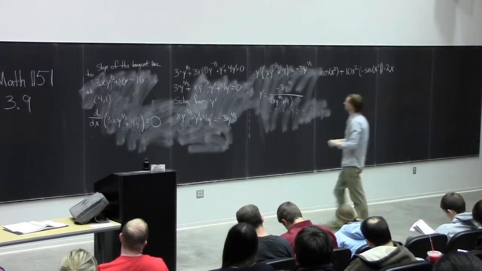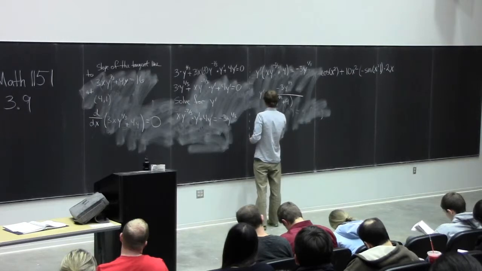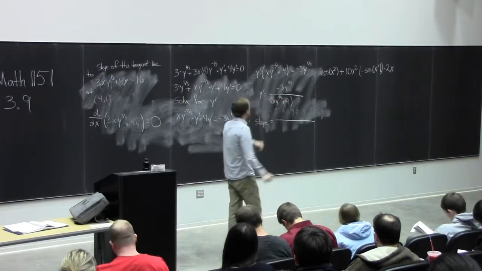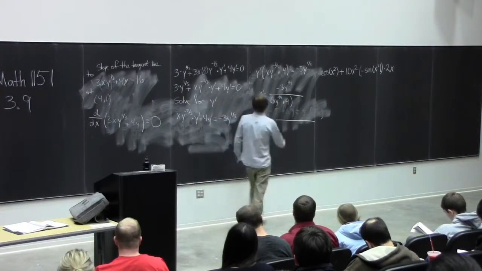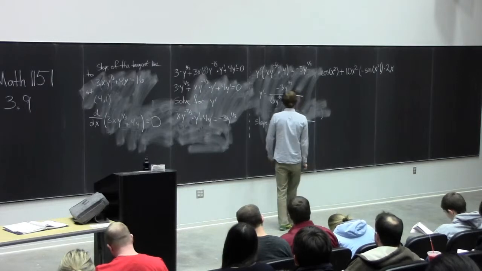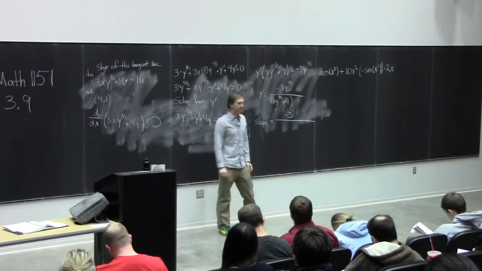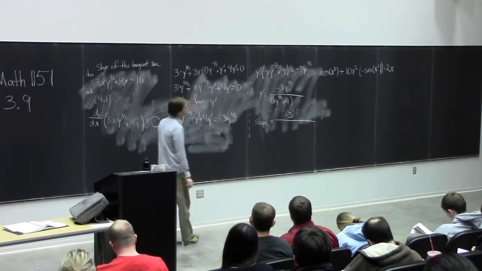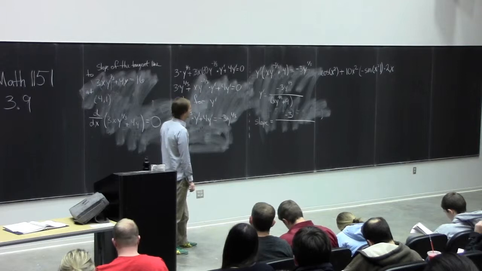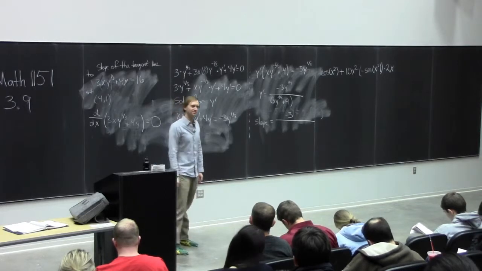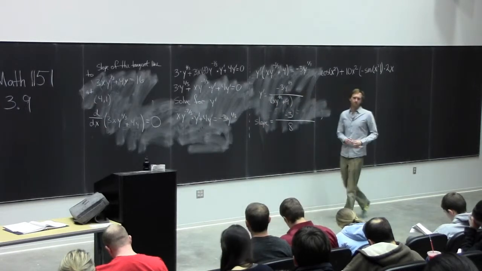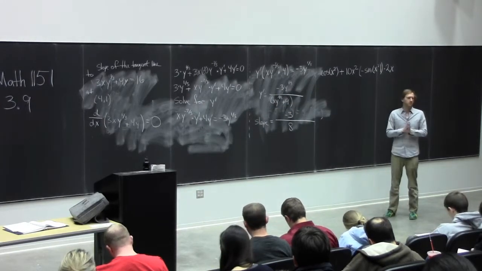The slope of the tangent line, the numerator is minus 3 and the denominator is 8. Is that right? Minus 3/8. Look good?